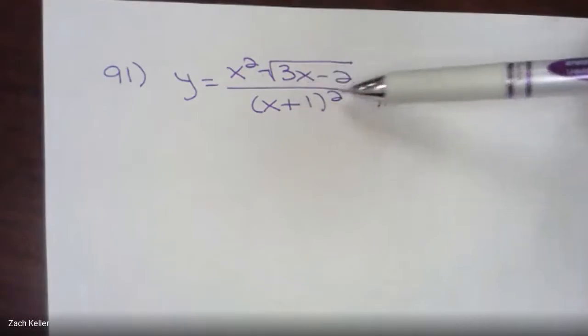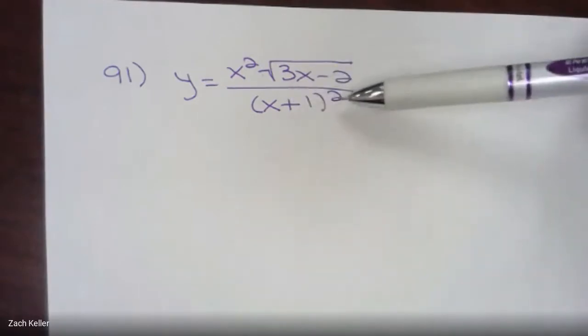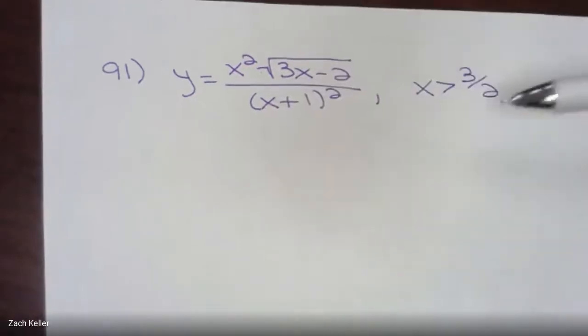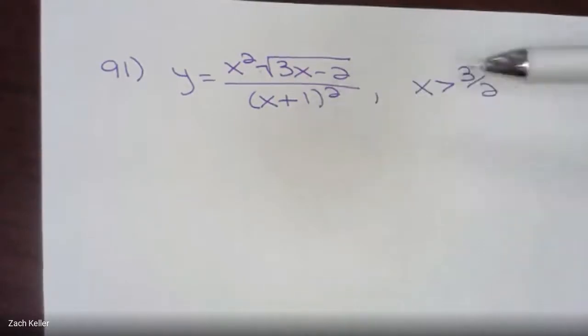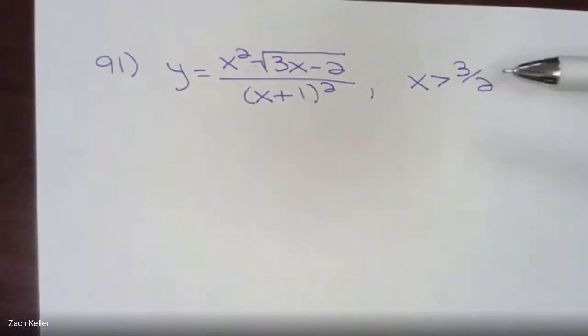And in the bottom, there's no value squared that will give me, well, I could have -1, but -1 is not included anyway, so that's why they don't have anything about -1, because we're only looking at x values greater than 3/2. So that's why they don't have a separate one.